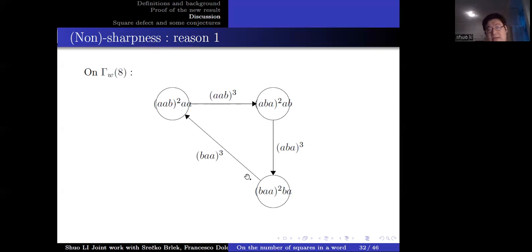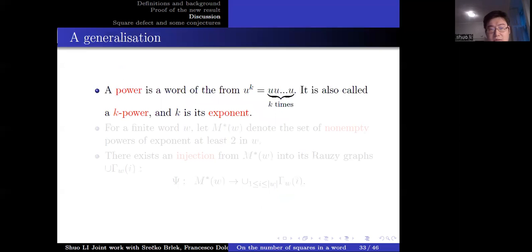So that is to say, we haven't constructed a bijection from the set of squares to the set of small secrets. So there are many small secrets which are not associated with a square.